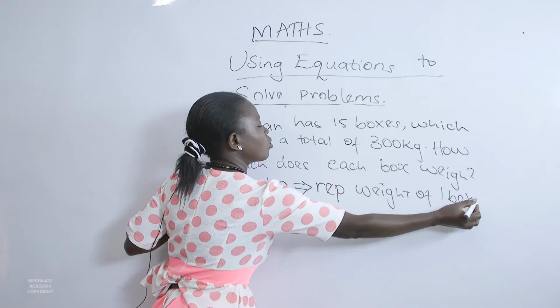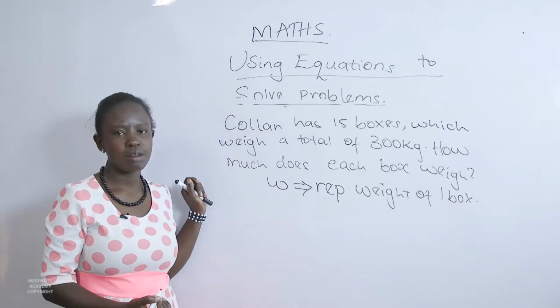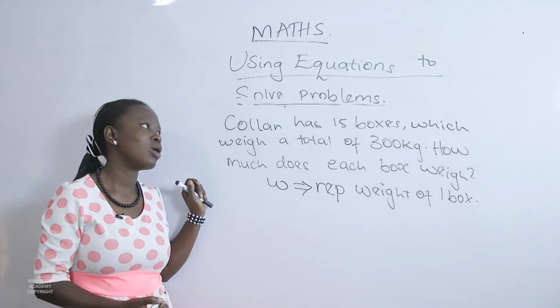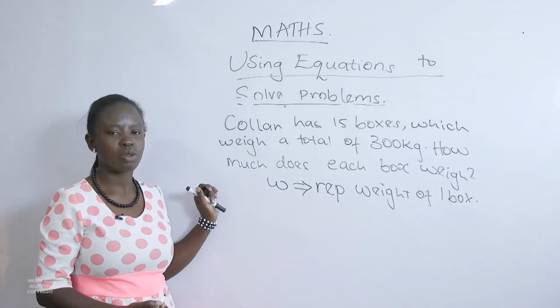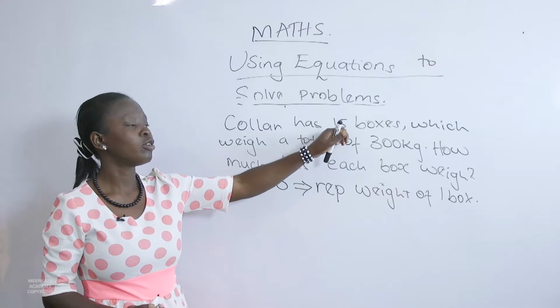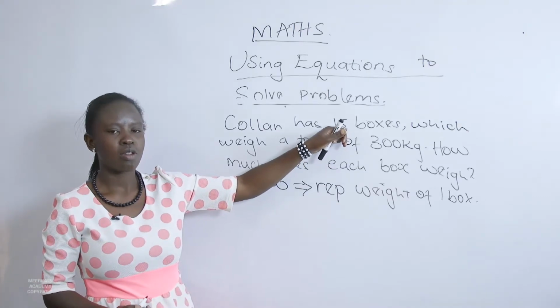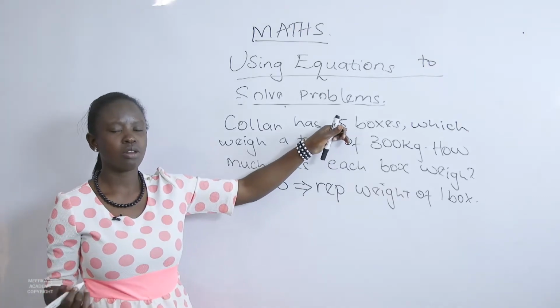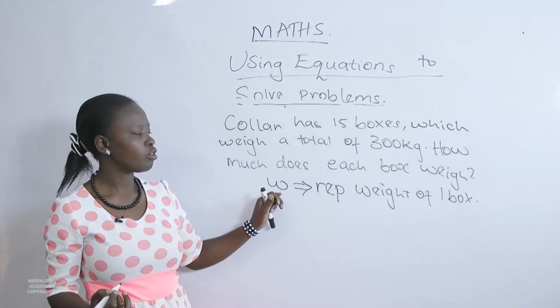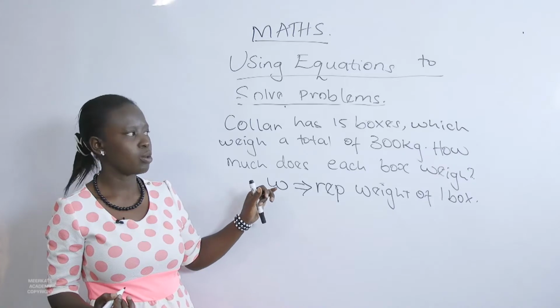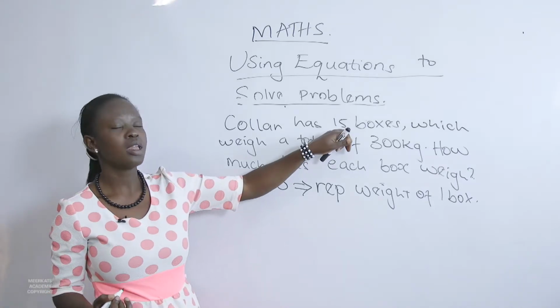So W is representing the weight of one box. So how many boxes are in this given situation? We have a total of 15 boxes. So how do we get the total weight of the 15 boxes? If one box is W, what about the 15 boxes?